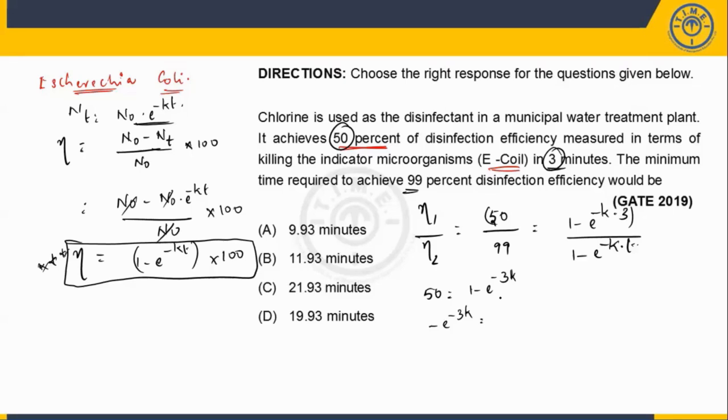What happens then? 50 minus 1 is 49. Taking this minus to the other side, it will be minus 3k is equal to ln of minus 49. What is it? Tell me. Natural log of minus 49.